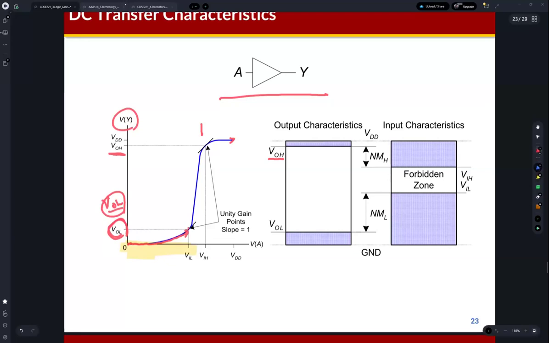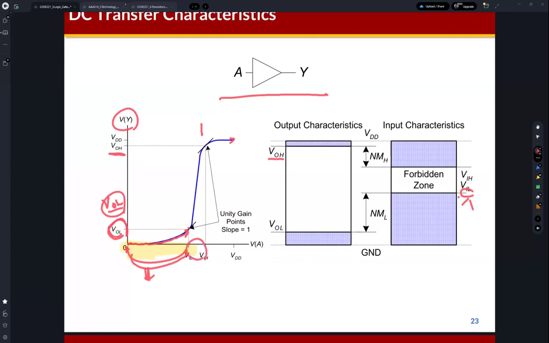And then this is this range. Okay, because I said that for this range of input, this circuit will work in the stable state. Okay, it will work correctly.